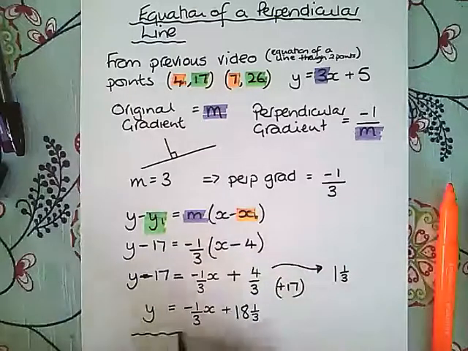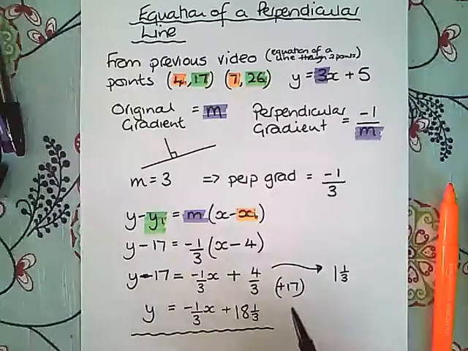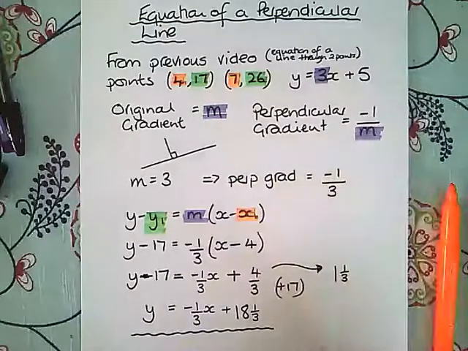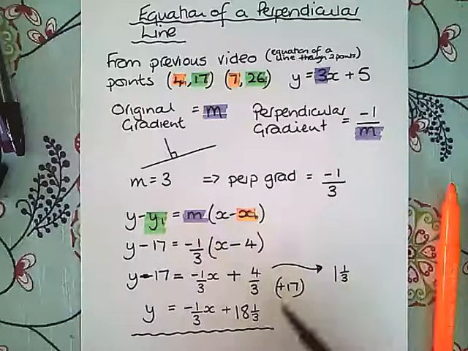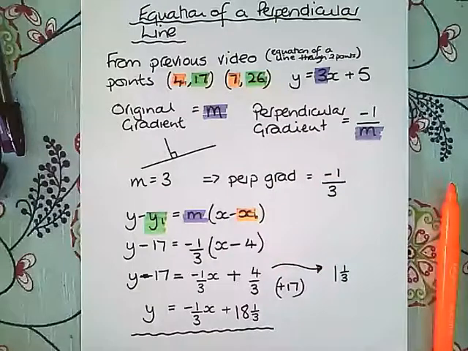It's quite an ugly equation for a line. It's not great, is it? But that line meets our original line, y equals 3x plus 5, at right angles, and it goes through the point 4, 17.